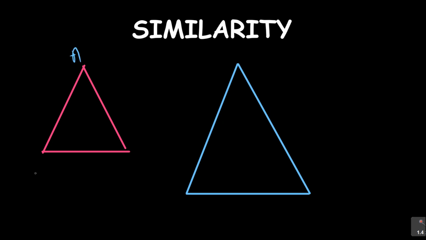If this is A, B, and C, and the other one is X, Y, and Z. Now look at this. What makes these congruent? That side will be equal to this side, and this angle is equal to that angle, and lastly, this angle is equal to that angle.